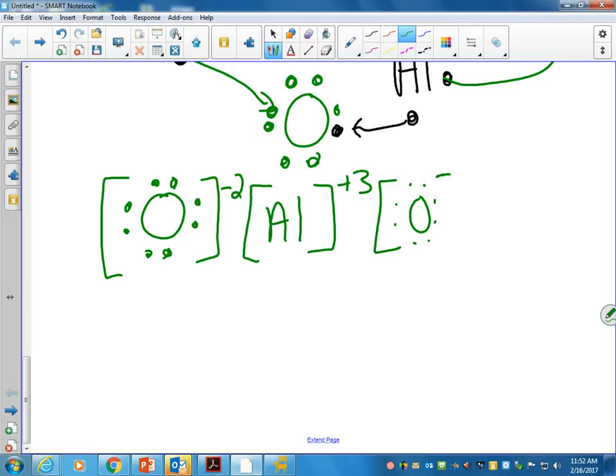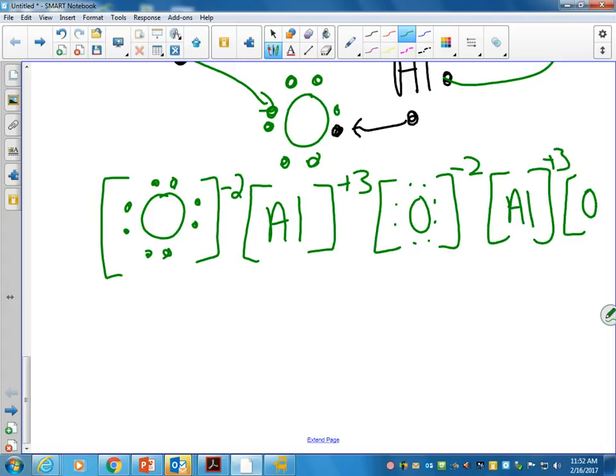We draw all 8 because it took 2 more to make a full valence. And we draw aluminum again, plus 3, and then we draw our final oxygen, minus 2. So that's the Lewis diagram of Al2O3.